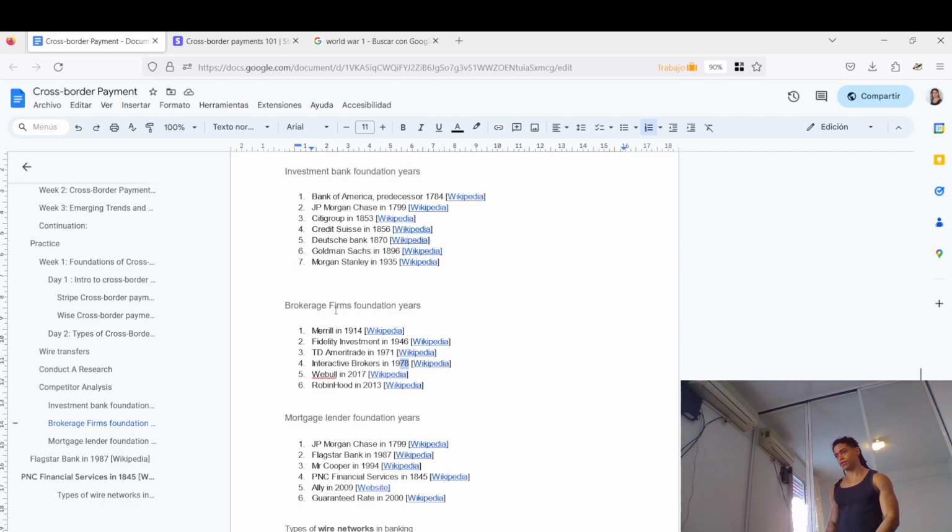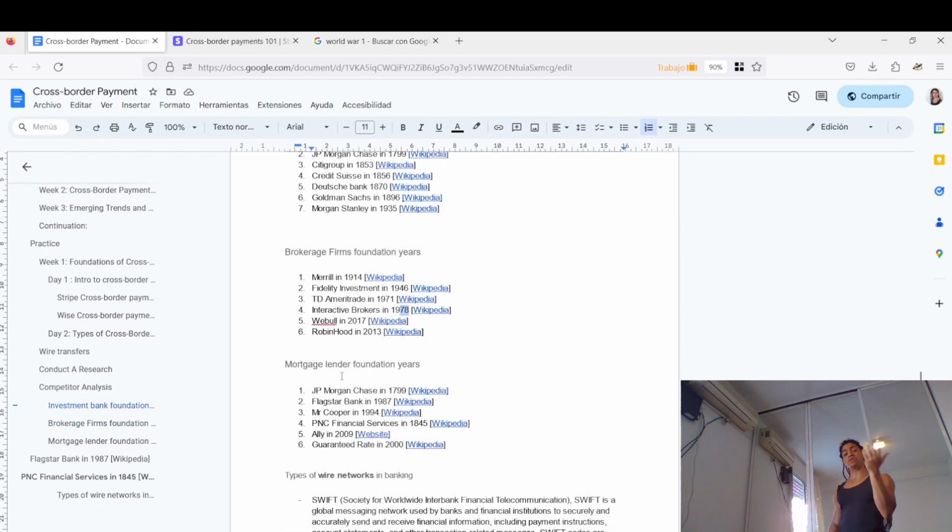So brokerage firms. And Webull, which is a Chinese investment firm, a conglomerate, and Robinhood from the US.